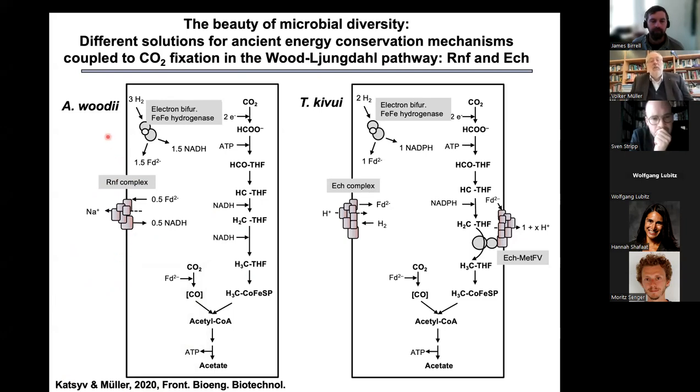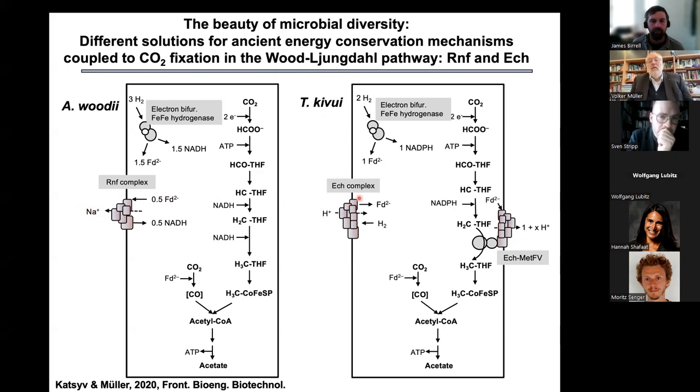Some acetogens like woodii have the so-called RNF complex that oxidizes reduced ferredoxin and reduces NAD, and that is coupled to ion export out of the cell. In Acetobacterium woodii, that's a sodium gradient that is established. Other acetogens that have RNF complexes do produce proton gradients. So there is a diversity, whether there's a sodium or proton gradient established.